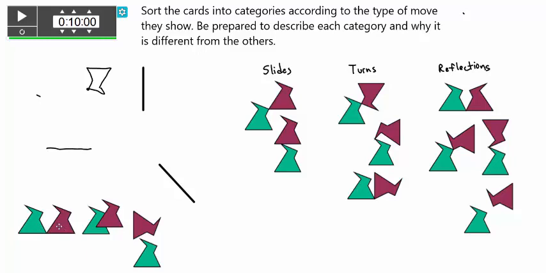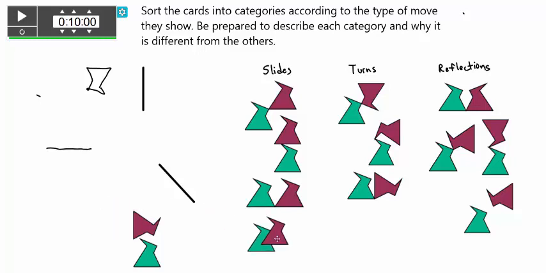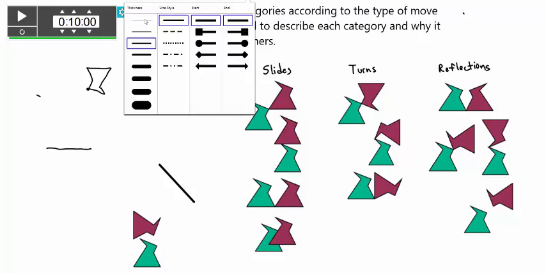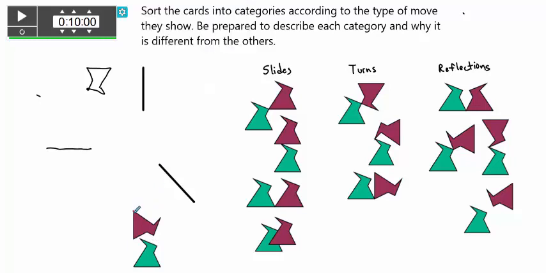We have a slide. We have another slide. And then, what is this one doing? It's not sliding. That looks like it might be a combination of things. I'm going to trace it. Let's see here.